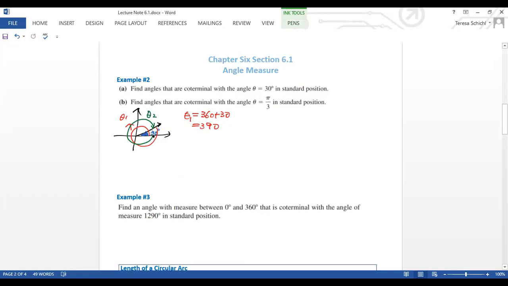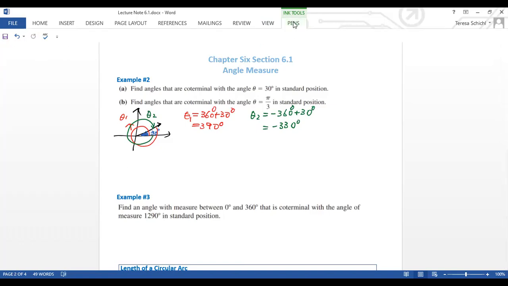I turn clockwise, so it's negative: negative 360 plus 30, which gives me negative 330. Be careful, I need to put the degrees here; I need to have the good discipline to put the degrees. Now those are the two coterminal angles.